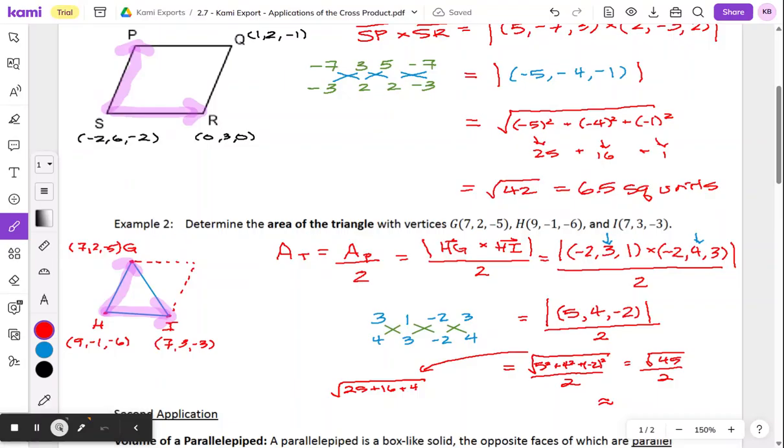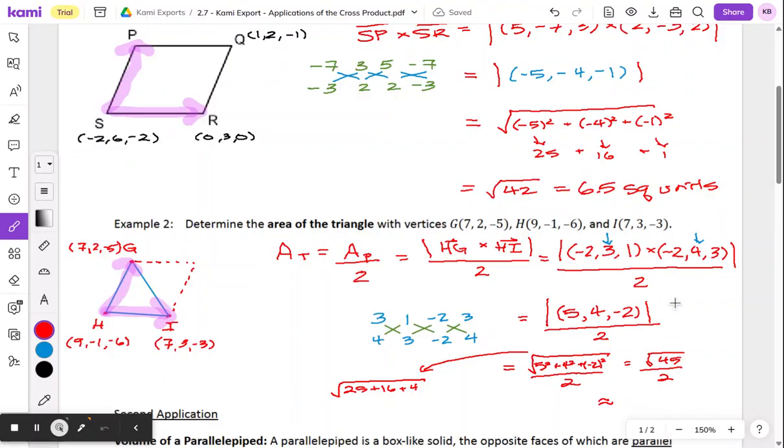Okay, so now I'm back and I calculated the cross product. Okay, so when I calculated the cross product, I got 5, 4, negative 2. And remember, we're dividing this by 2 in order to identify the area of the triangle. So I find the magnitude of the cross product. Okay, following these calculations, I got the square root of 45.